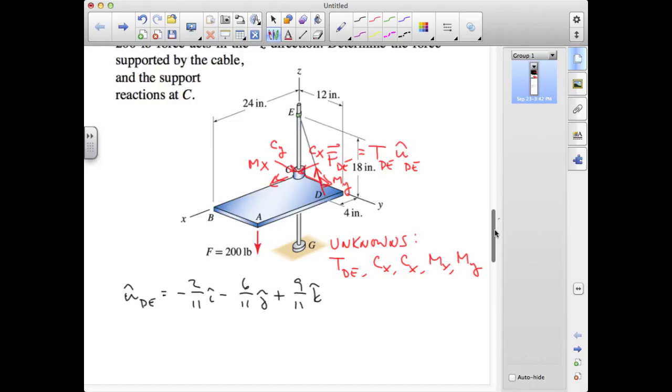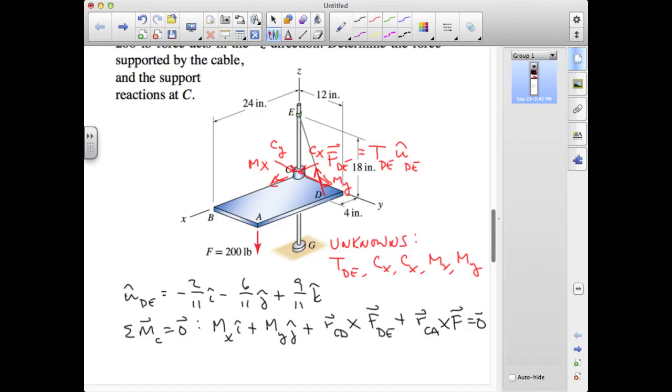I'll just go ahead and write the moment equation about C and the 3 force component equations, and we'll be able to see how to solve directly for what we don't know. So if we take the sum of the moments about C and set that equal to 0, we have our bearing moment reactions Mx i plus My j plus rCD cross FDE plus rCA cross F equals 0.